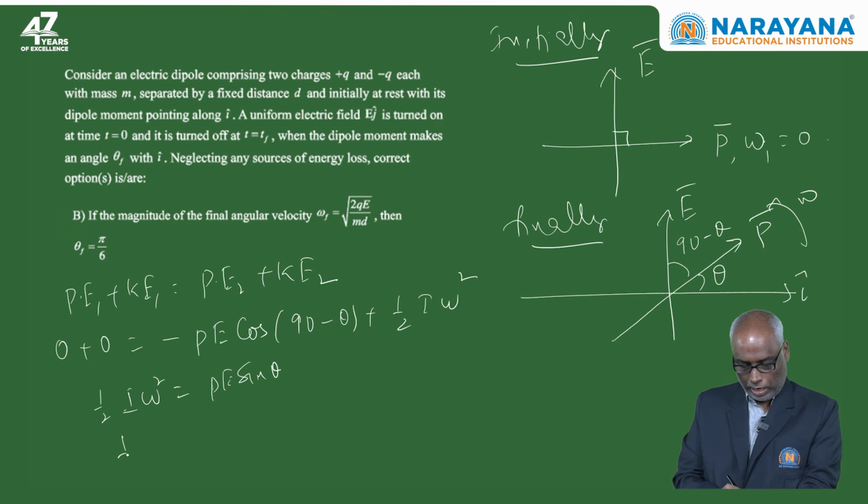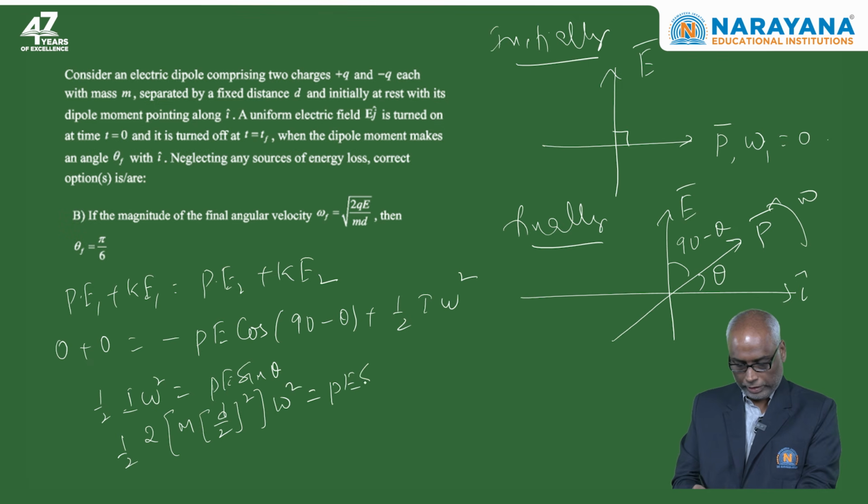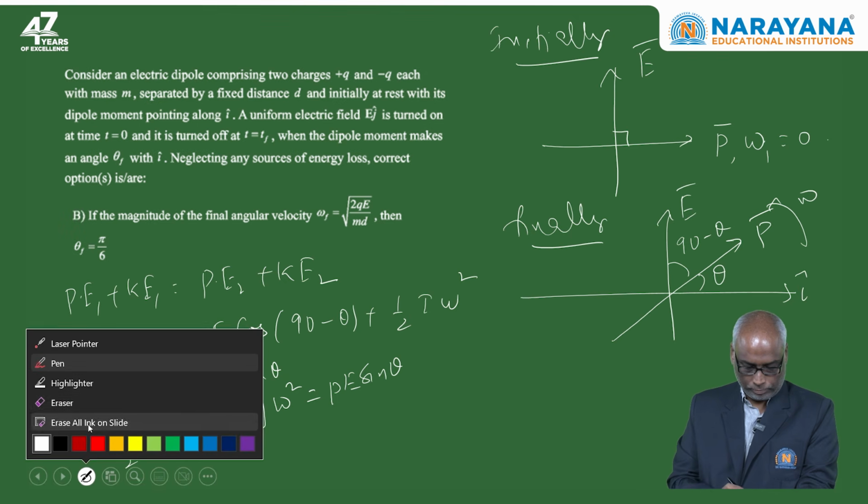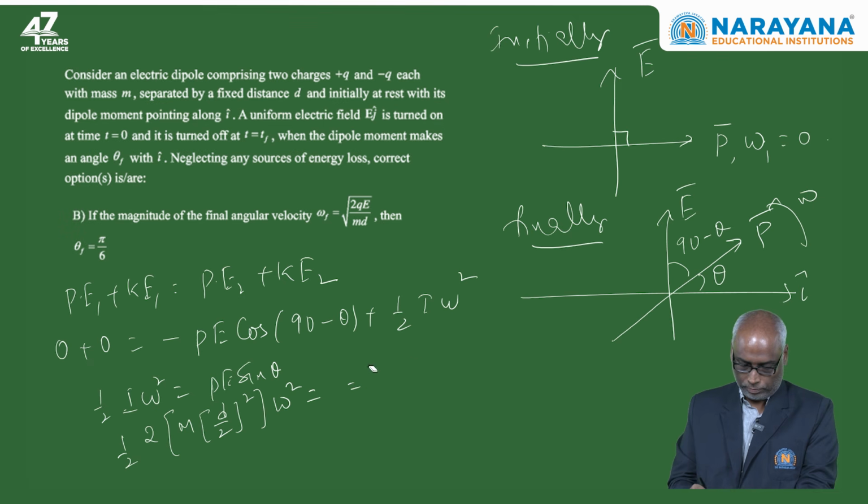Half into the moment of inertia. The moment of inertia of the dipole: there are two particles, the mass of each particle is m, the distance of each particle from the center is d by 2, whole square, into omega square, equals P E sin theta. I can replace P also here. I can write dipole moment as Q, the charge, times distance d, into E into sin theta.